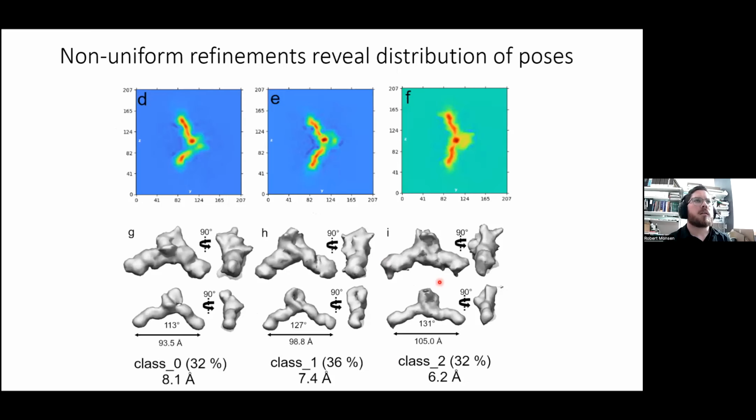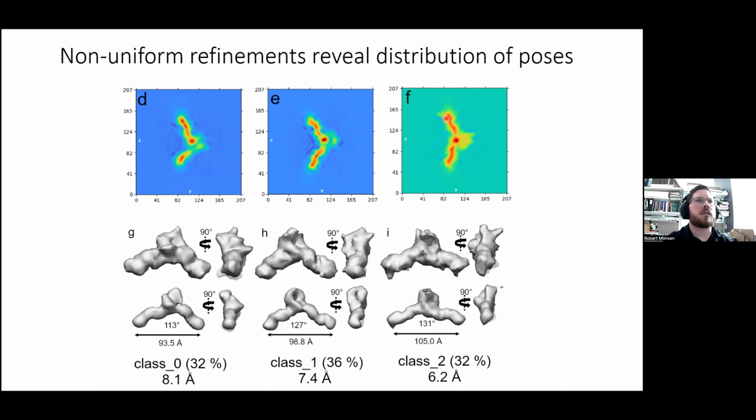The most compelling part of the cryoSPARC analysis, in our opinion, is shown here. The bottom shows the non-uniform refined and sharpened maps at 2 different thresholds for each of 3 different classes, class 0, 1, and 2, from that ab initio refinement. But what I thought was most compelling are these 2-dimensional heat map slices from the non-uniform refinements.